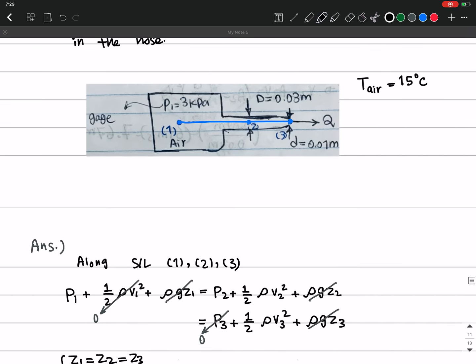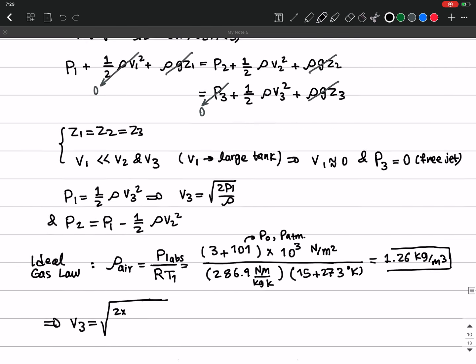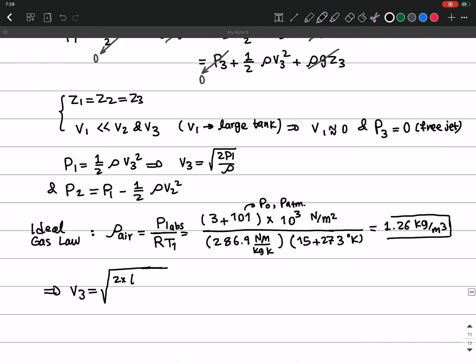P1 is 3 kilopascal, so it's 2 times 3 times 10 to the 3 Newton per meter square over rho of air, which we calculated here, 1.26 kilogram per meter cube.